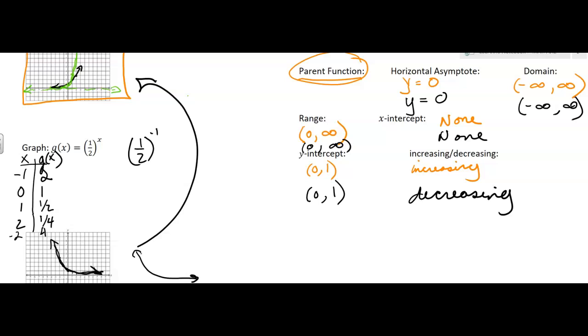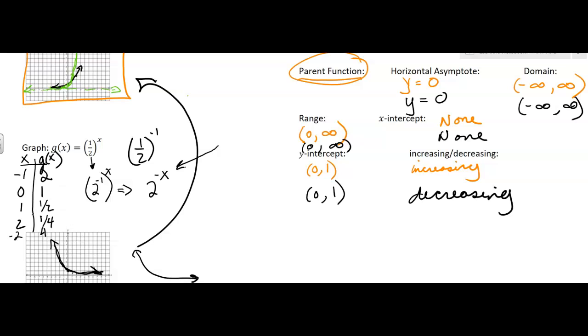I want to point out one more thing. Notice that if you take this function and write 1/2 as 2 to the -1, right? 2 to the -1, that would be the same thing as 1/2. And then you use rules of exponents, you get that function to be 2 to the -x. Now, if you think back to transformations, what happens if you put a negative in front of x before you apply the function?